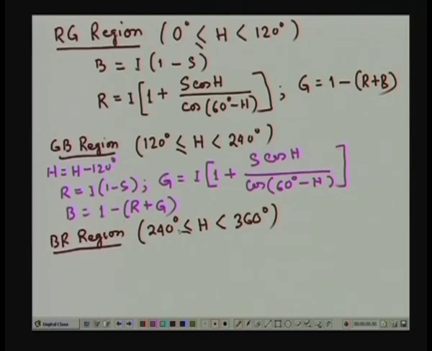And in the third sector, that is in the BR region, we have to modify first H like this. H should be equal to H minus 240 degree.